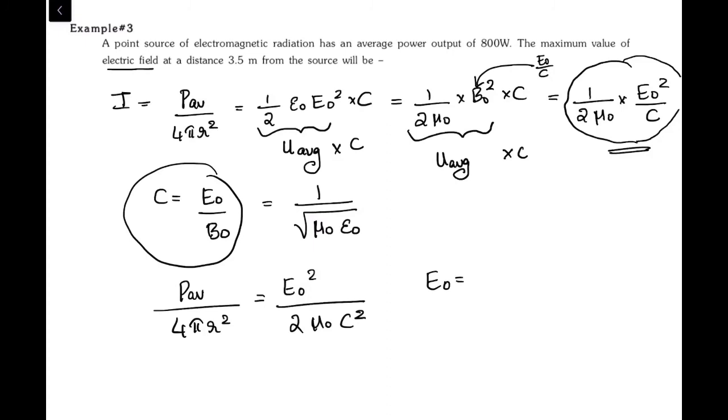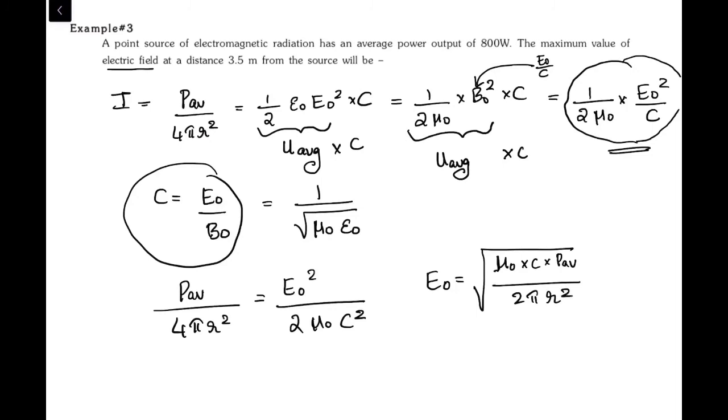E0 is equal to root of, you solve this equation, you come to a conclusion, root of mu 0 into C into average power divided by 2 pi r square.